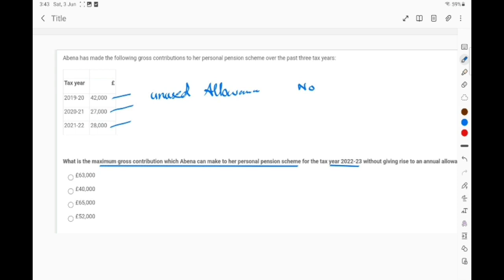The limit is 40,000, so 13,000 of unused allowance relates to tax year 20-21. And for the third year 21-22, the unused allowance is 12,000. 40,000 is the annual limit and 28,000 has been utilized, so the unused allowance is 12,000.